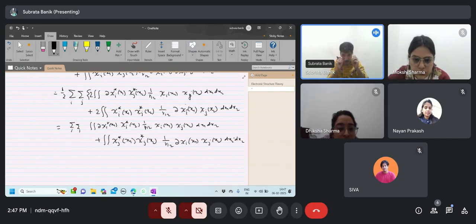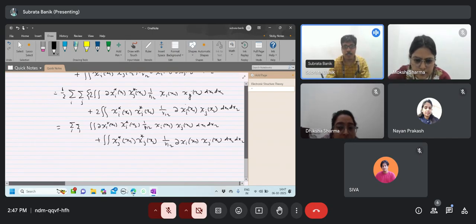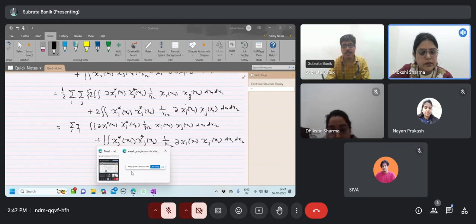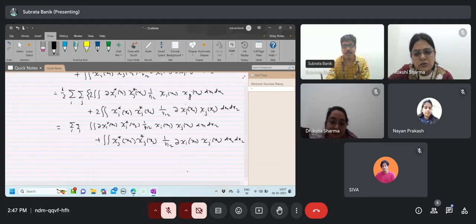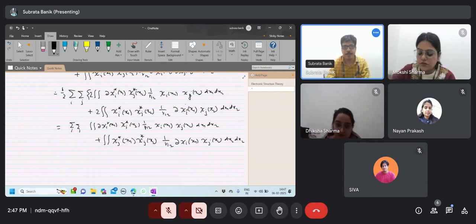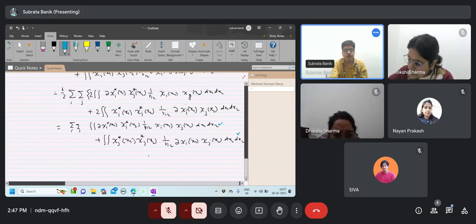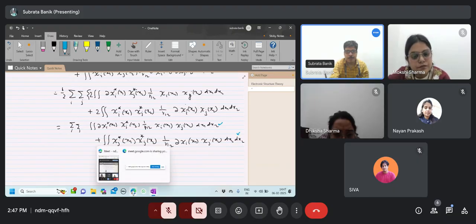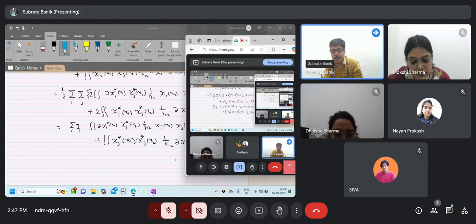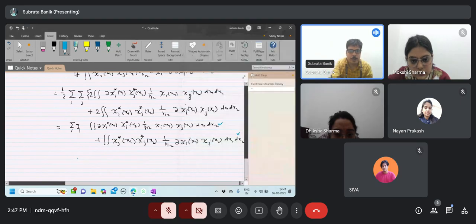Is it okay for everybody? The last terms are conjugate to each other. This one and that one are complex conjugate to each other, right? So if that is the case, then I can write only one term.